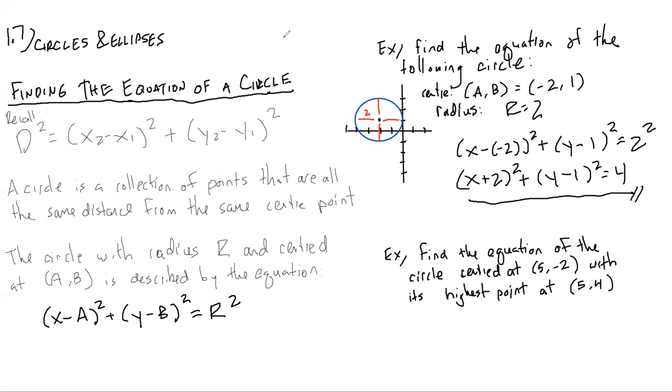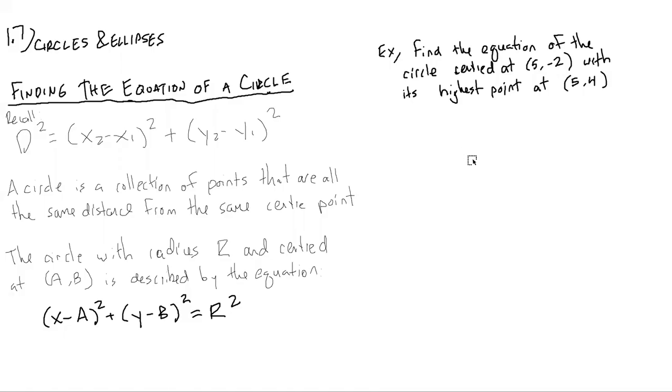All right, so I'm just going to get this out of the way to do the next question. It's got a little bit more to it. For this one, I'll give you a little bit of information here. We know that it's centered at 5 and -2, so that's a good piece of info. This tells us my (a, b) is 5 and -2, and its highest point is at 5 and 4. So you might be able to figure out the radius from that without drawing a picture, but I am just going to go ahead and draw a picture to get a better idea of this.